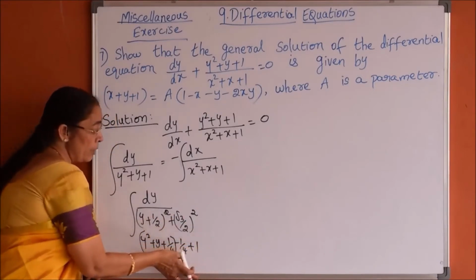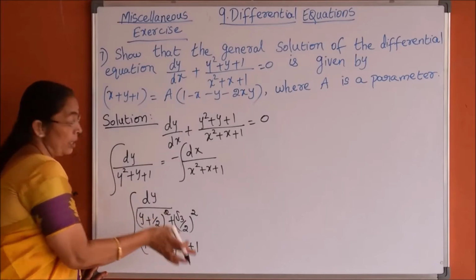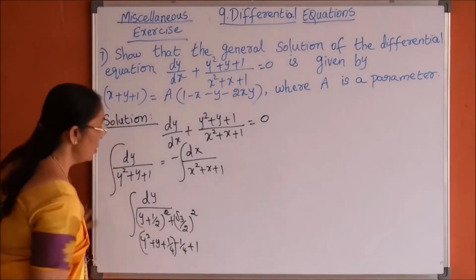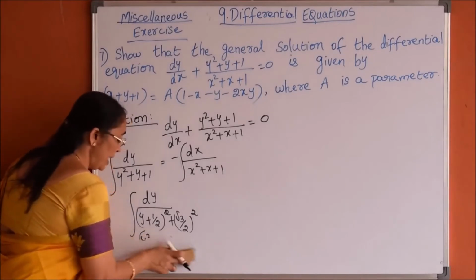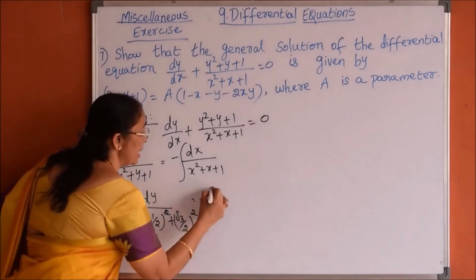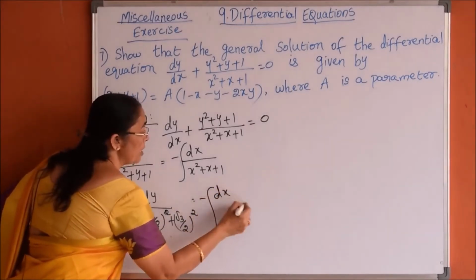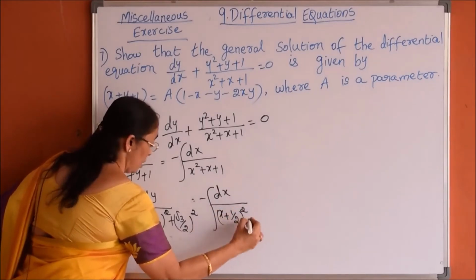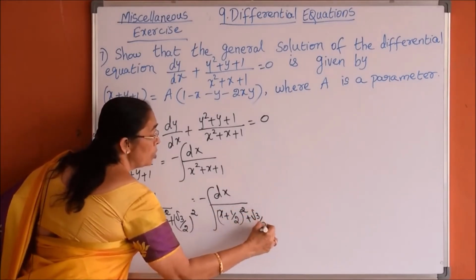Now, 1 minus 1 by 4 is 3 by 4, which can be written as (root 3 by 2) whole square. So, similarly, we can write even right hand side as minus integration of dx divided by (x plus half) whole square plus (root 3 by 2) whole square.